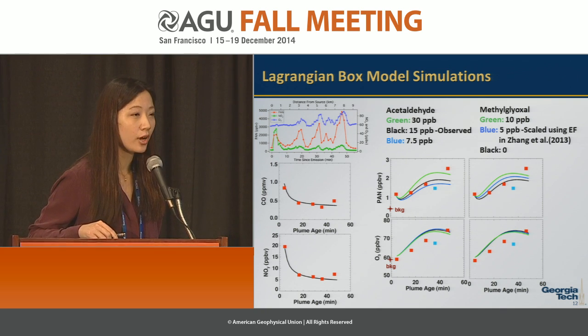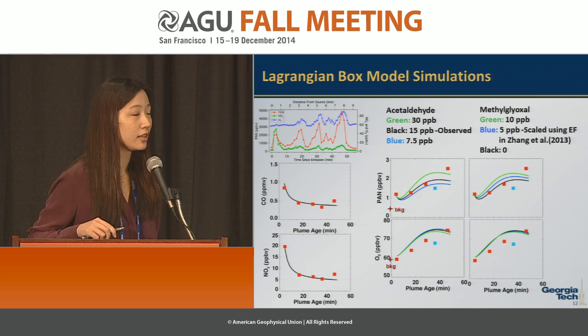We selected two oxygenated compounds, acetaldehyde and methylglyoxal, to perform sensitivity tests. For acetaldehyde, we observed 15 ppb in the fresh plume, and then varied it by plus or minus a factor of 2. For methylglyoxal, it was not measured in this campaign, but was monitored in other biomass burning studies.